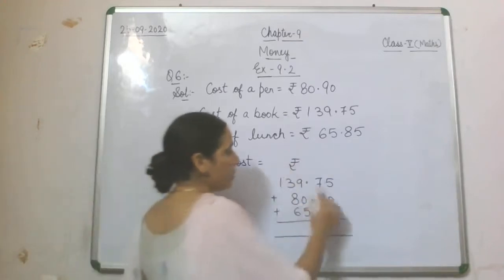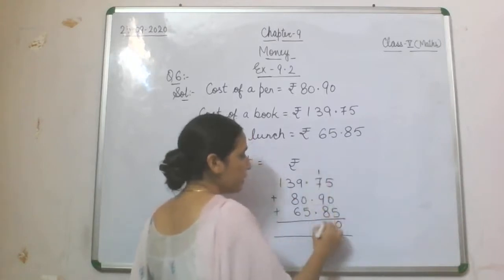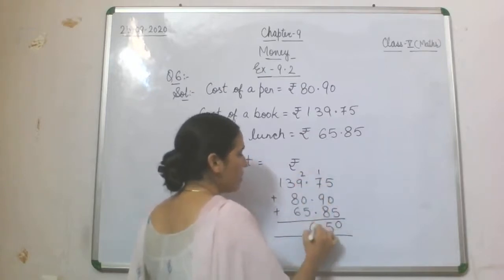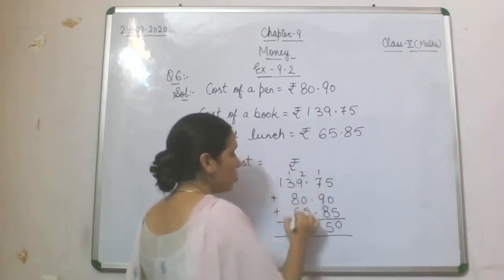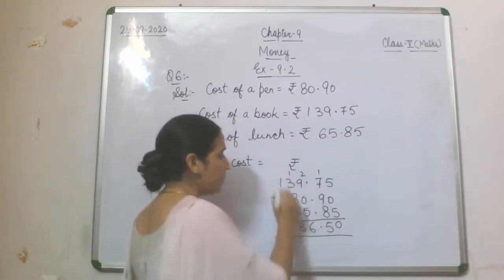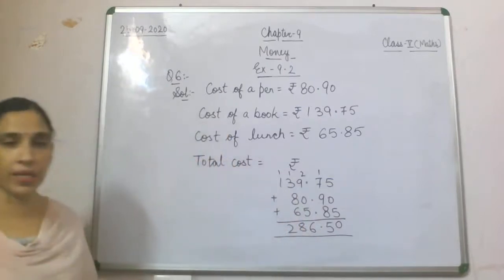Now 5 plus 5, what will it become? 0. 8 plus 9 will become 25. 11, 5, 16. 12, 8 plus 4, 12 plus 6, 18, 2. So now what will we write?